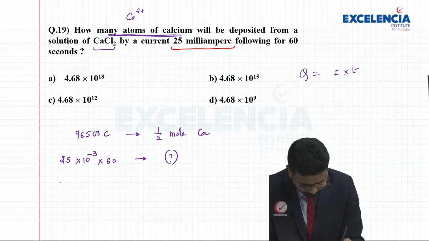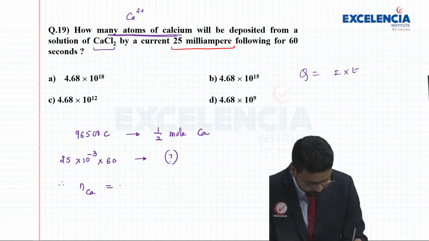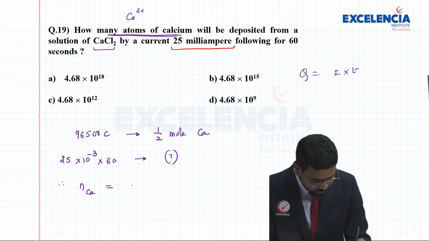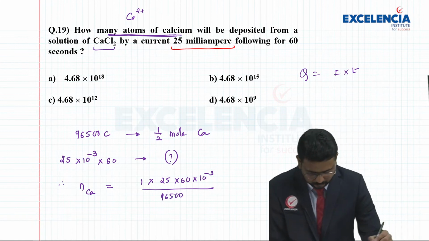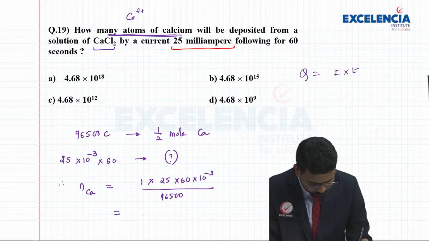So from here, we can definitely find the moles of calcium which is produced as 1 into obviously 25 into 60 times 10 to the power minus 3 divided by 96500. Okay, so this particular answer will come out to be 7.7 into 10 to the power minus 6.